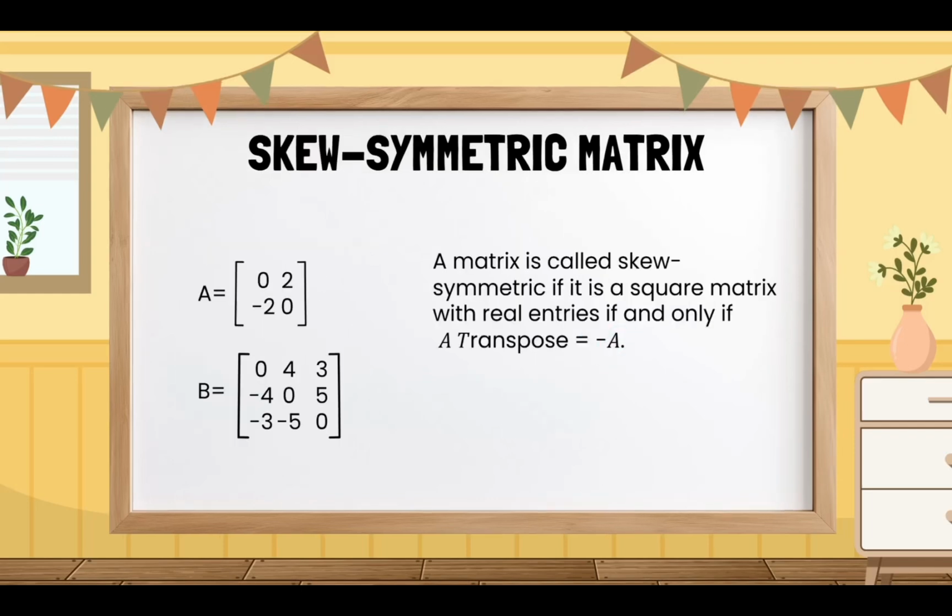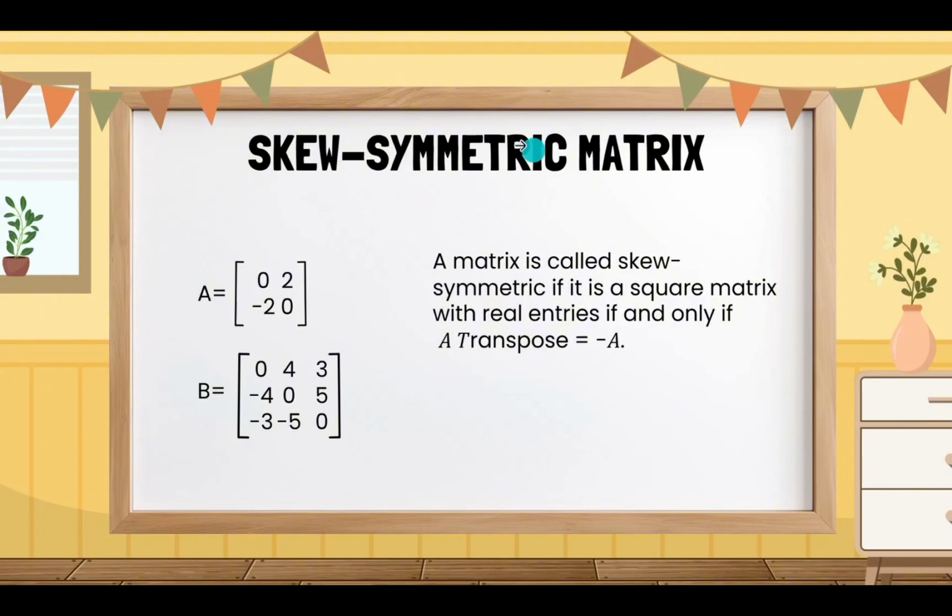So next we have skew symmetric matrix. A skew symmetric matrix is a square matrix where the transpose of the original matrix is equal to the negative of the original matrix.